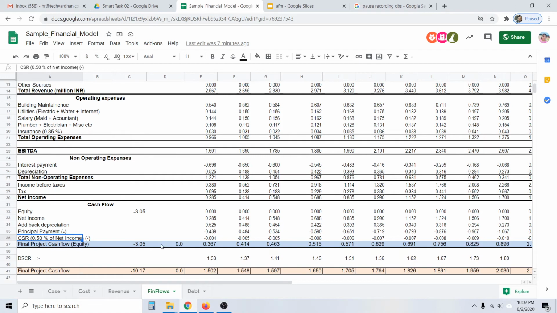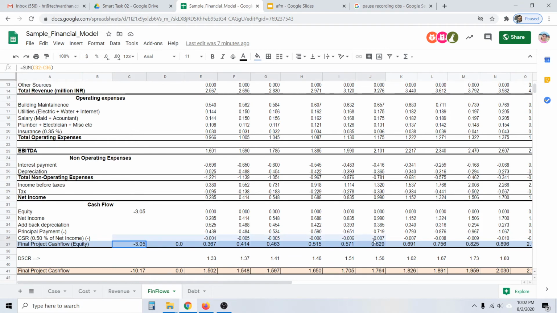So total project cash flow, final project cash flow is this much. This is the project equity amount and this is the cash flow. So now this is a negative investment, negative equity, as an equity investor you have invested this much, and these are the inflows, the money coming into you.